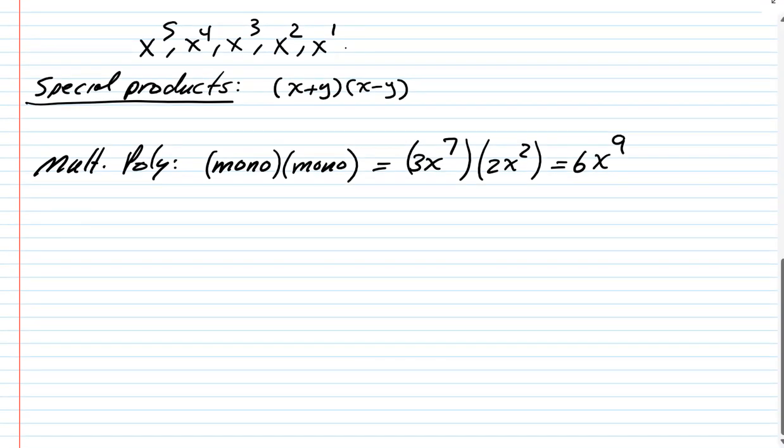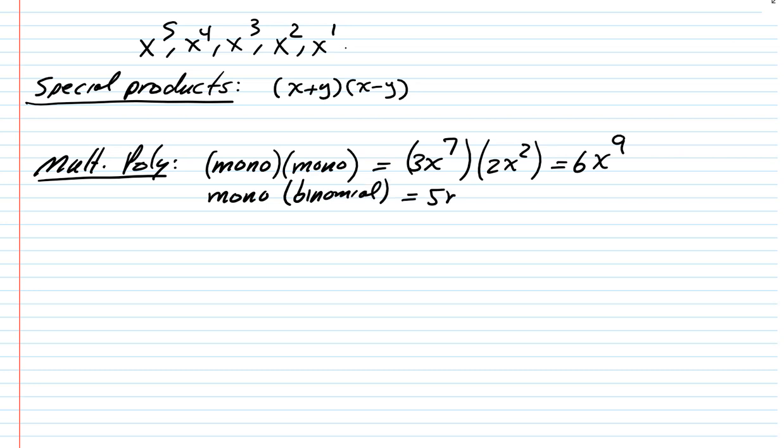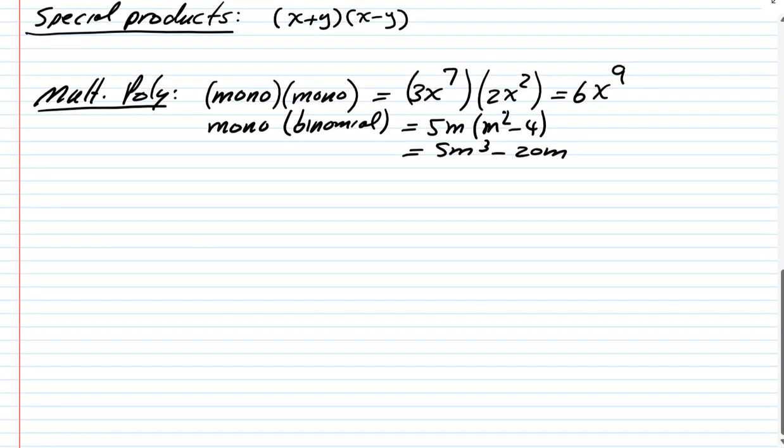So that's multiplication of a monomial times a monomial. If I have a monomial times a binomial, for instance, 5m times (m^2 - 4), to do that one, we use the distributive property. So I'm going to do 5m^3 - 20m. And that's how we do monomial times binomial.